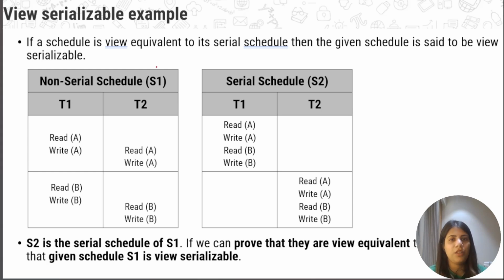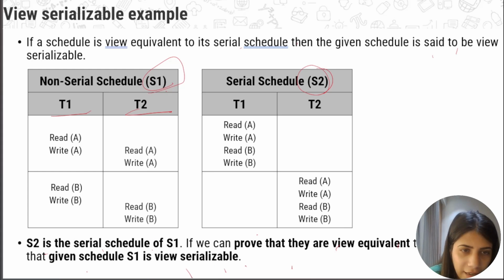Let's see this example. If a schedule is view equivalent to its serial schedule, then the given schedule is said to be view serializable. Like I said, over here this is a non-serial schedule. T1 is there and T2 is there. How can we make it view serializable? S2 is the serial schedule of S1. If we can prove that they are view equivalent, then we can say that the given schedule S1 is view serializable.